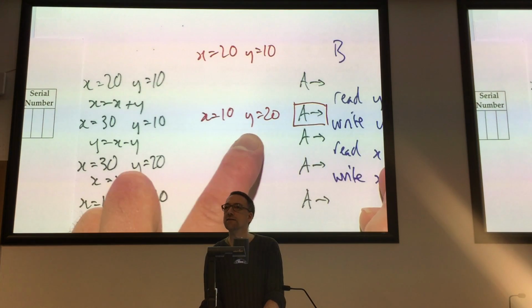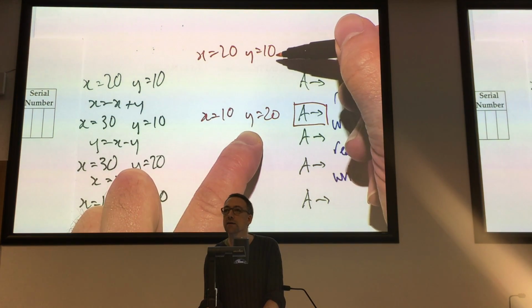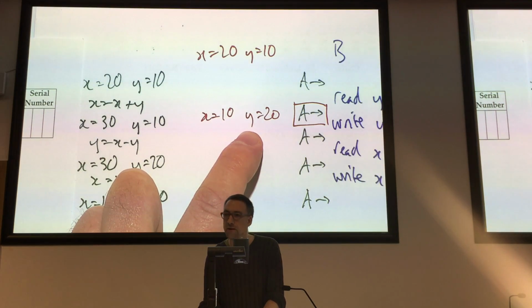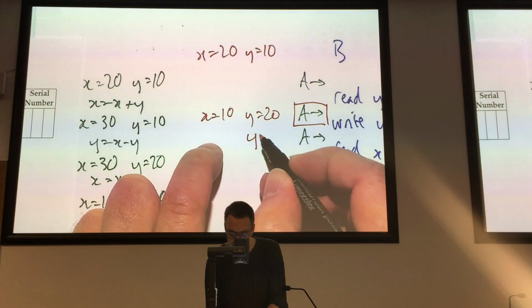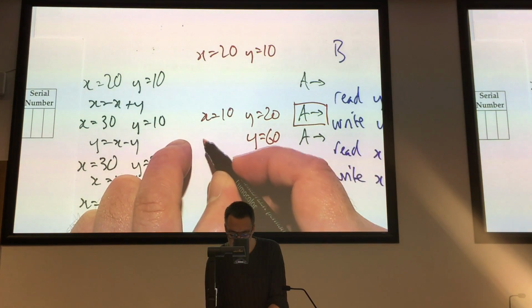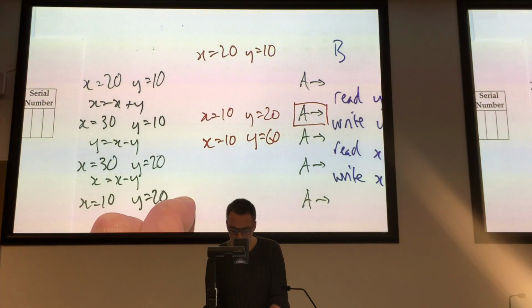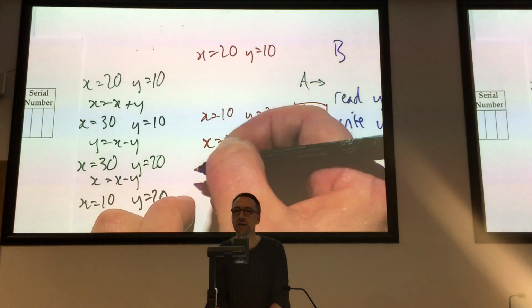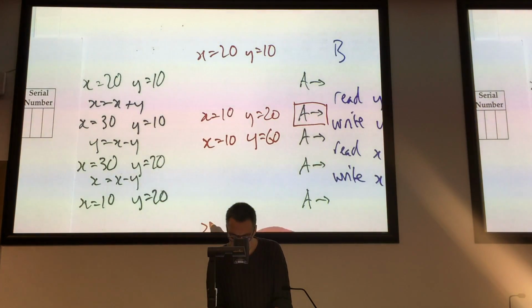And then B will write. B will write the old value of y plus 50. So this write will make y equal to 60, and x will still be 10. And then the rest of B will add 50 to that 10. So we'll end up with x is 60, y is 60.